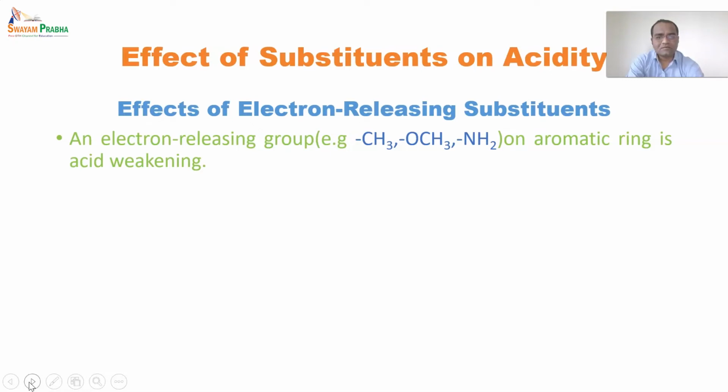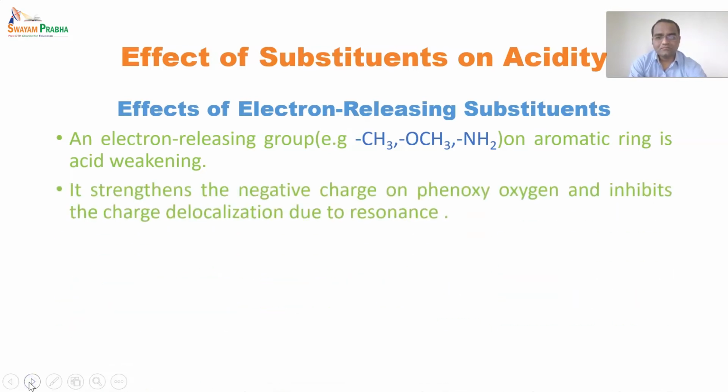Groups such as alkyl, methoxy and amino are electron releasing groups, and this is due to the fact that they strengthen the negative charge on the phenoxy oxygen and inhibit charge delocalization due to resonance.